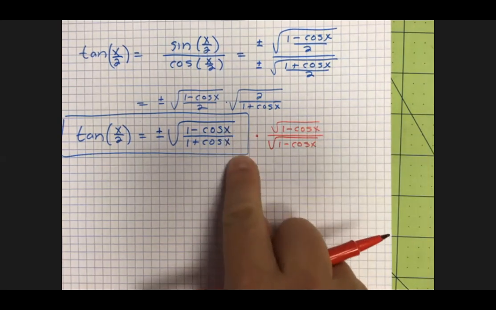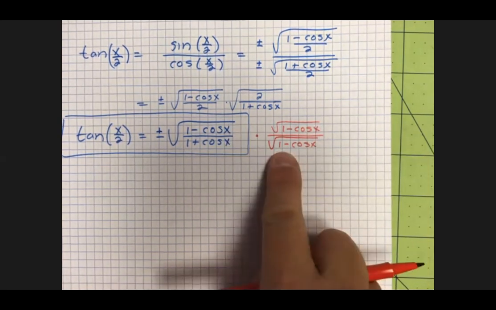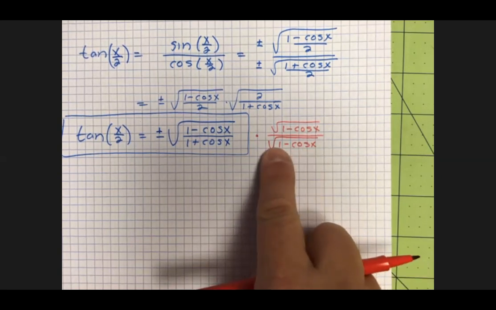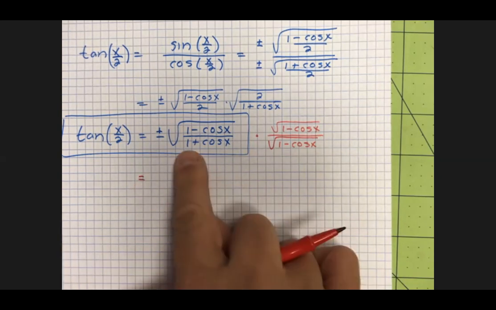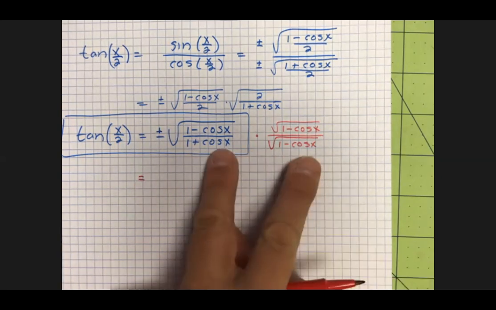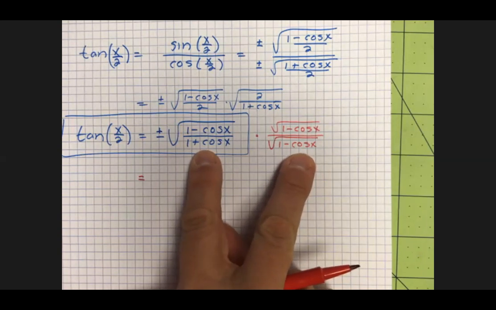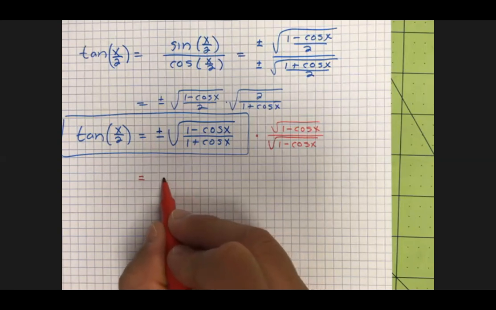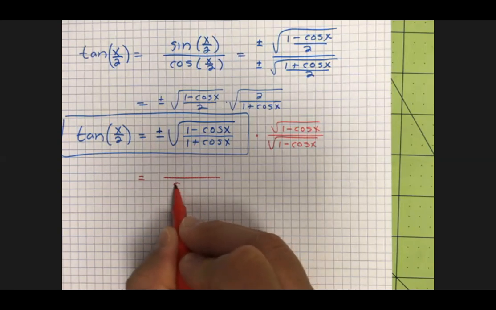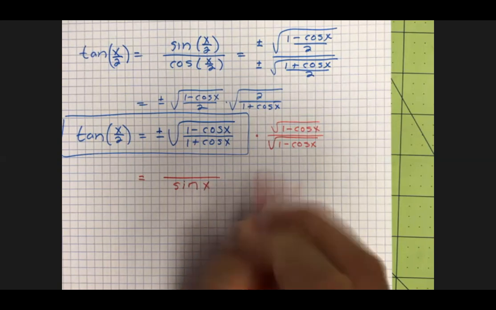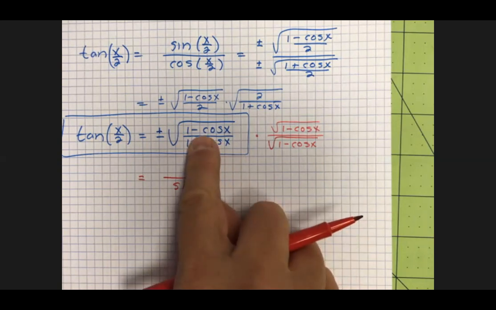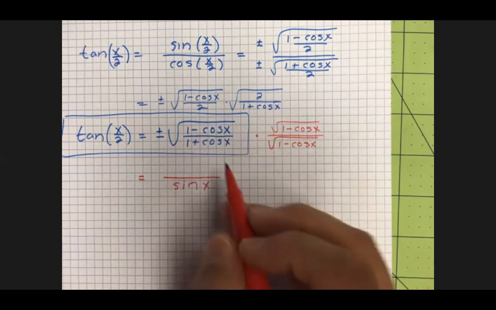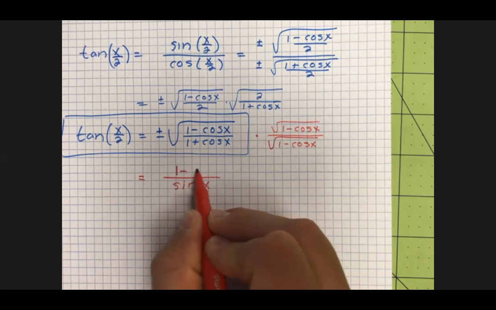What would happen if you took this formula and multiplied top and bottom by 1 minus cos x square root? Then in the bottom, you'd have 1 minus cos squared, a plus b, a minus b. 1 minus cos squared is sine squared, and the square root of sine squared is just sine. And on the top, you have 1 minus cosine x quantity squared. Square root of that is 1 minus cosine x.